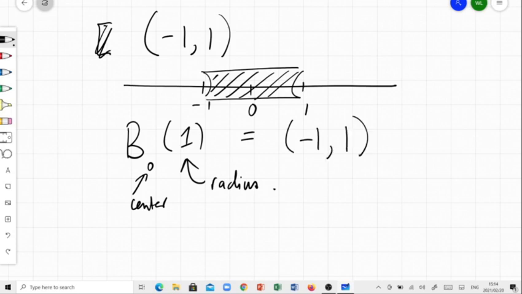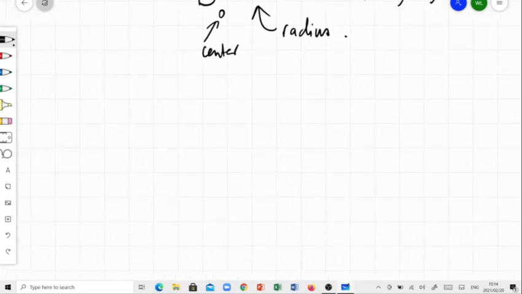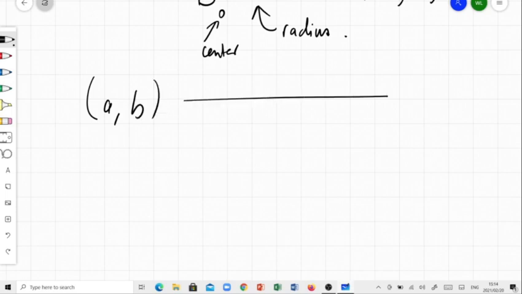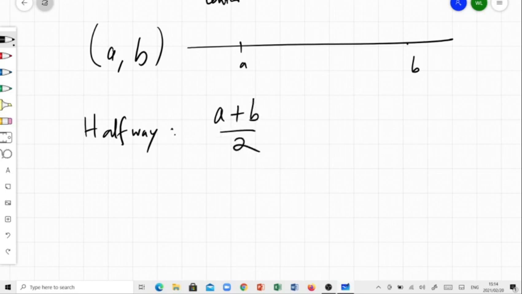Now in general, if I have an open interval AB, remember that it's very good to visualize everything. Notice that I can always write this as a ball. The center is going to be halfway between A and B, which is easy to compute: you just take the average, A plus B over 2.